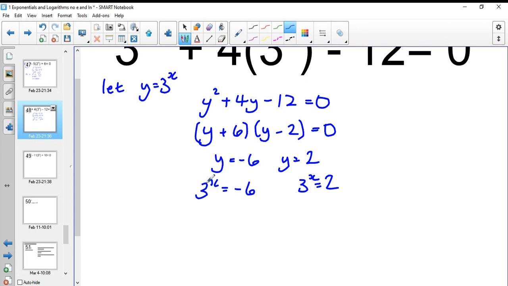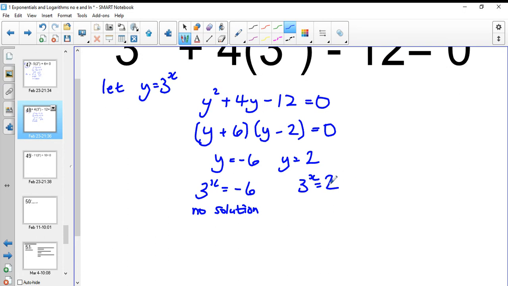And for this one, there is no value of x that's going to give a negative answer. So this one has no solution. And you must write that, otherwise you will lose a mark. So if you have an equation that doesn't have a solution, you must state that you understand that it has no solution. Don't just cross it out or ignore it.